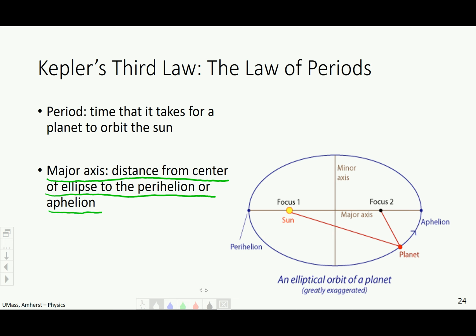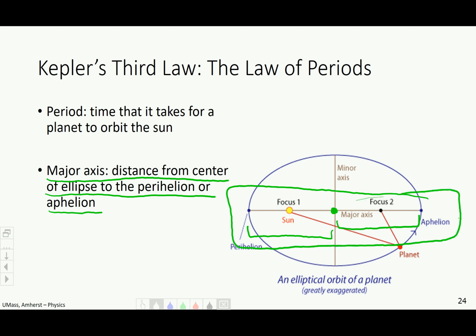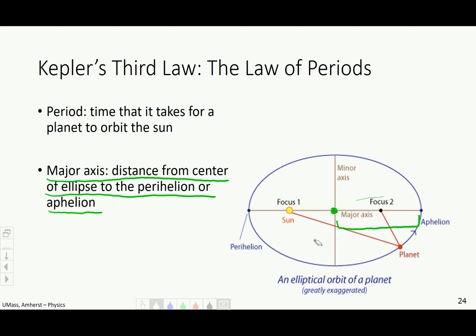So if this is the center here, our major axis is this distance, or alternatively, this distance. If we were to measure the long part, the diameter through the long part is what is called our major axis. So there's a direct connection. What is that connection?